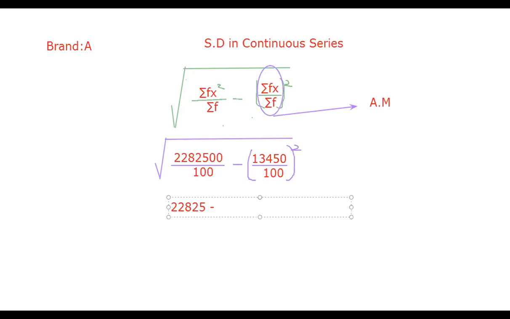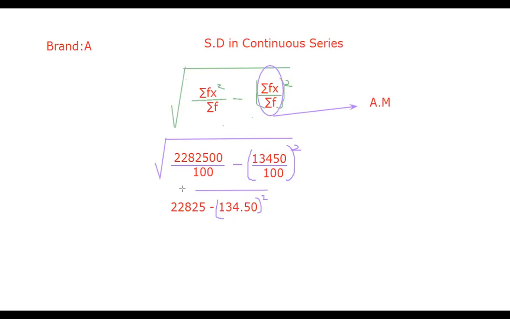So minus again, there is 134.50, to the whole square. Again, don't forget the square root.